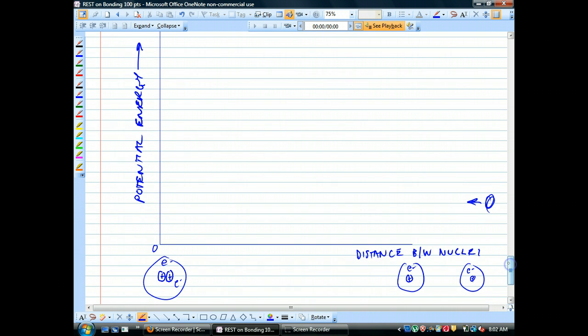One thing that's going to happen is they're going to start to repel each other. The first thing that's going to happen is the outer electrons are going to start to repel each other because they first come into contact. And that force is going to be repulsive, so it's going to look like this, my potential energy curve.